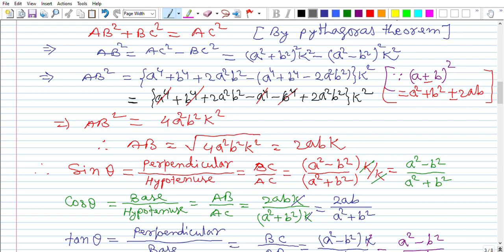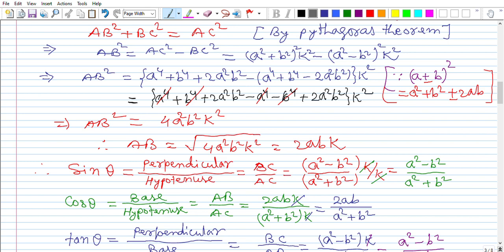So sin theta equal to perpendicular and hypotenuse ratio, and you can write BC, indicating the perpendicular of the triangle ABC with right angle at B. BC by AC, BC value is a square minus b square K, AC value is a square plus b square K, K cancel, we get a square minus b square by a square plus b square.